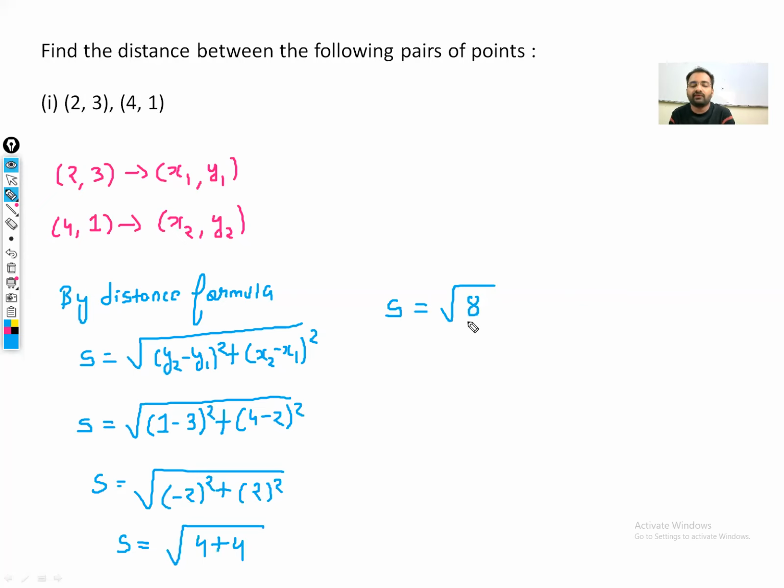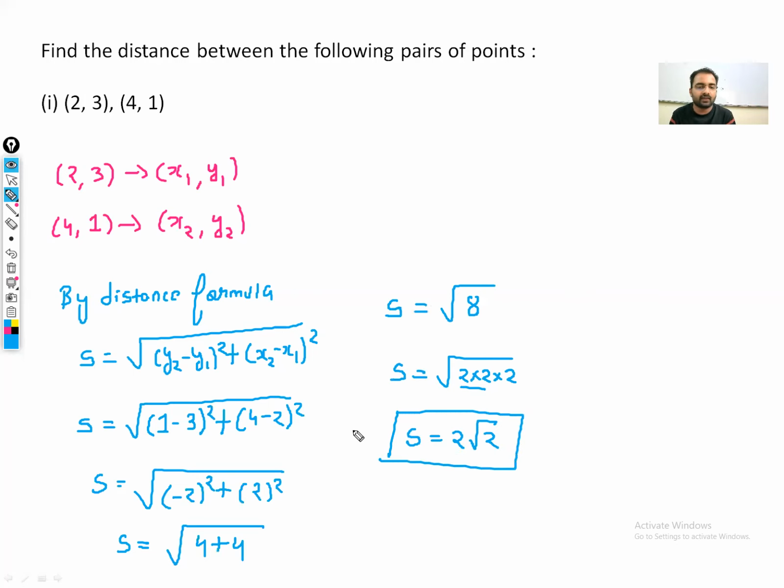That is square root of 8. You can also write it as 2 into 2 into 2, so s is equal to 2 root 2. As the pair of 2 will come out of the root, it becomes 2 root 2. So this must be the distance between the points A and B.